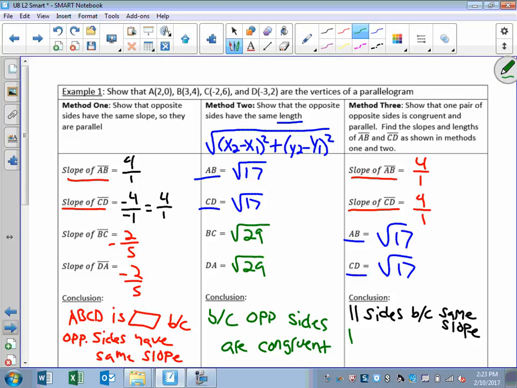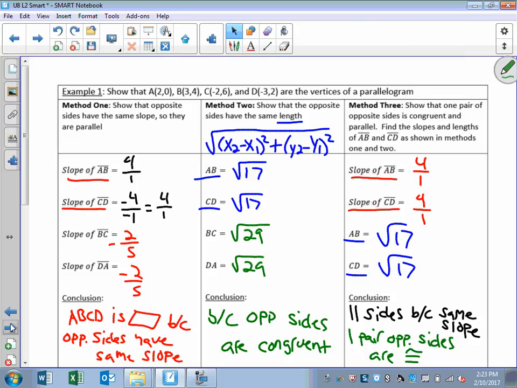So 1 pair opposite sides are congruent. So those are the 3 ways you can prove that a shape is a parallelogram if you have the vertices.